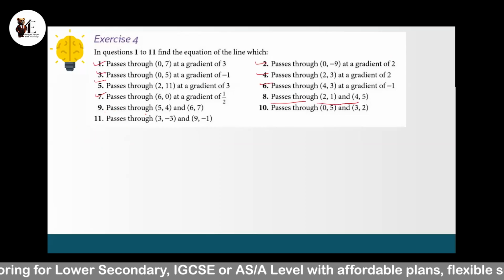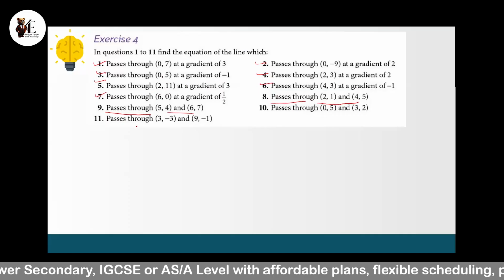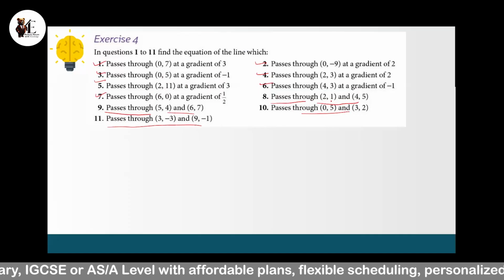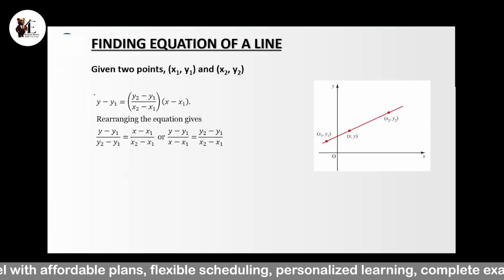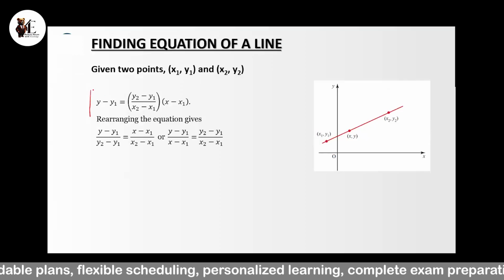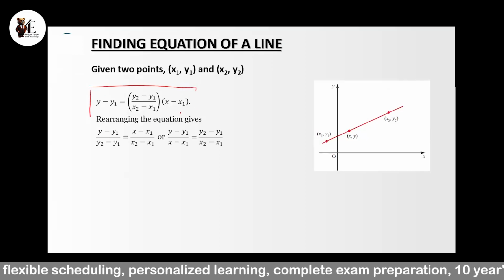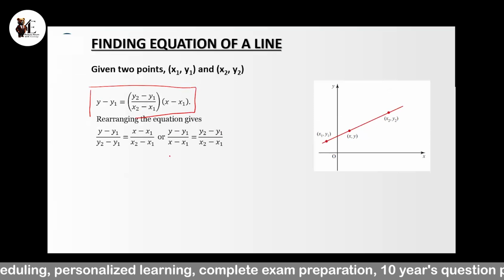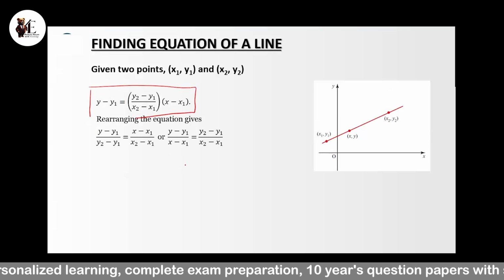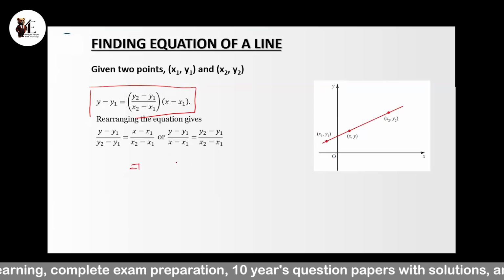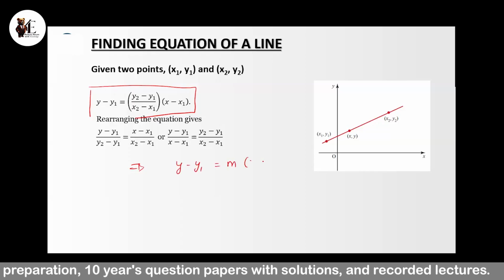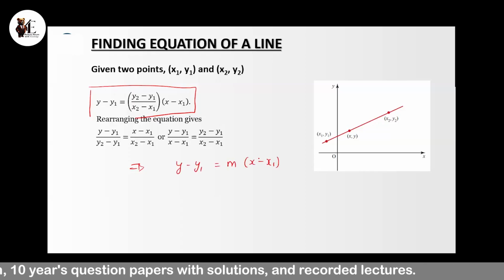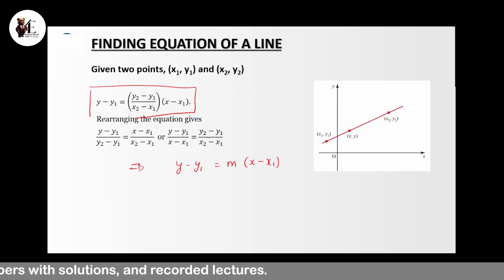The gradient is not given. So how to find the equation of the line in such cases? Yes, so this is the formula when the line is passing through the 2 points. See, what we have done. Let me explain this. So y minus y1 is equals to m times x minus x1. This was the equation of the line when the line is passing through the 1 point.